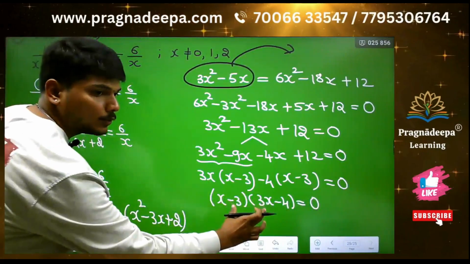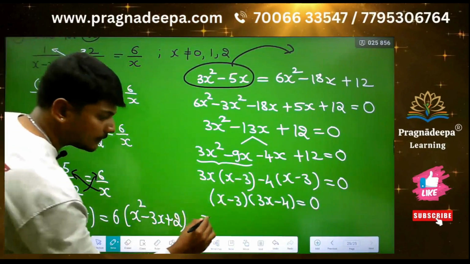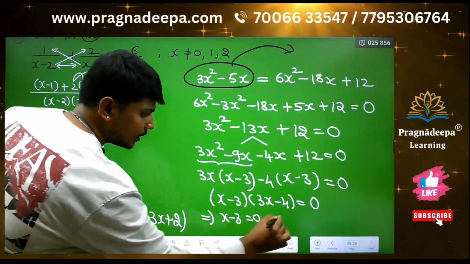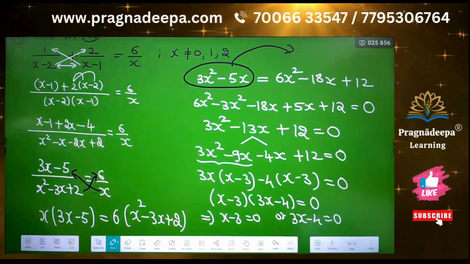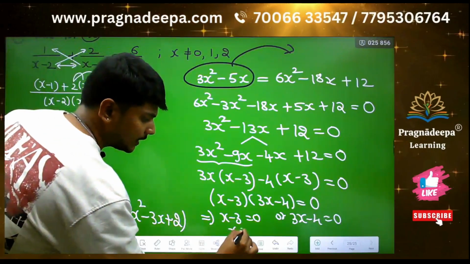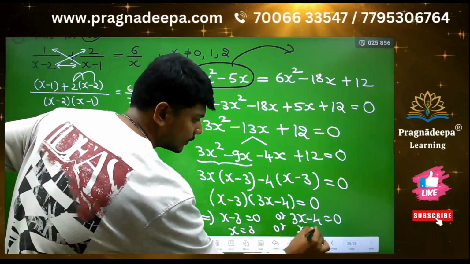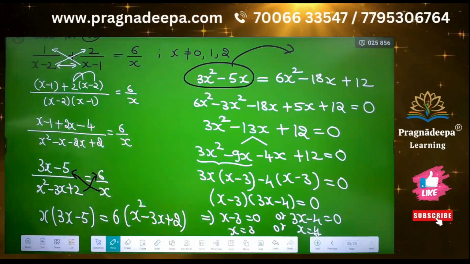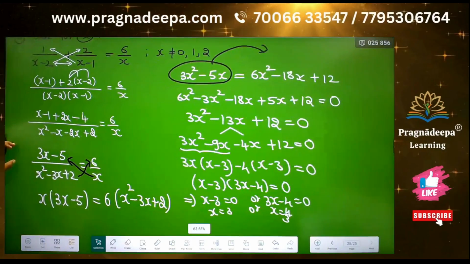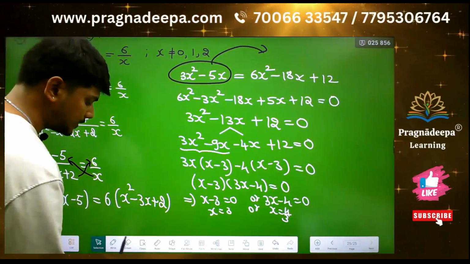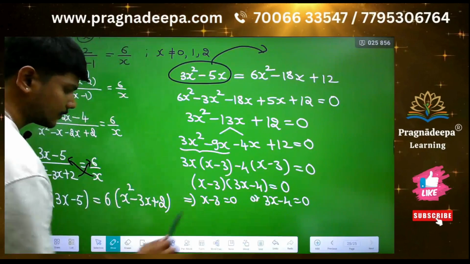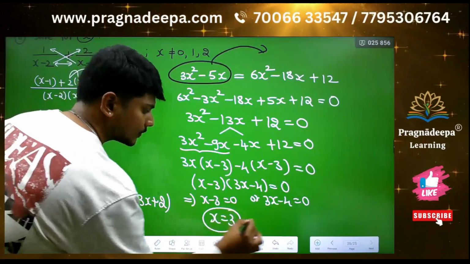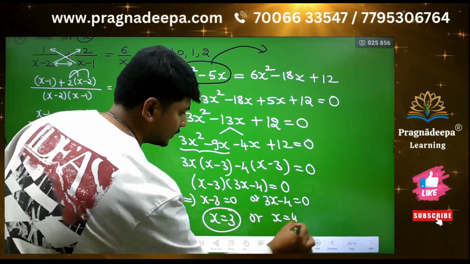If the product of two terms is 0, either the first term is 0 or the second term is 0. So x is equal to 3 or x is equal to 4 by 3.